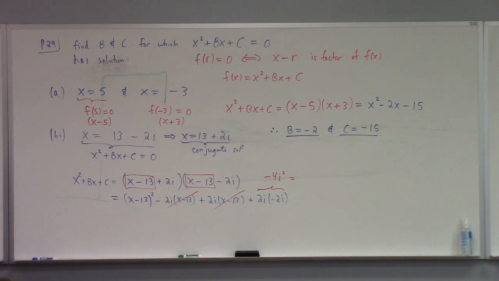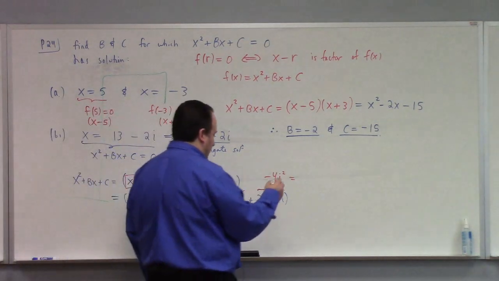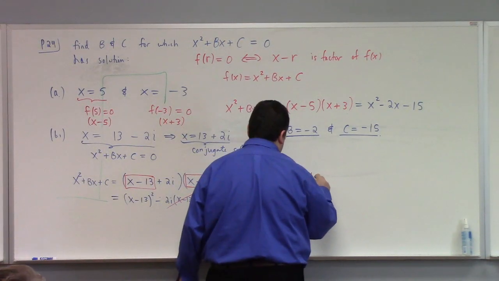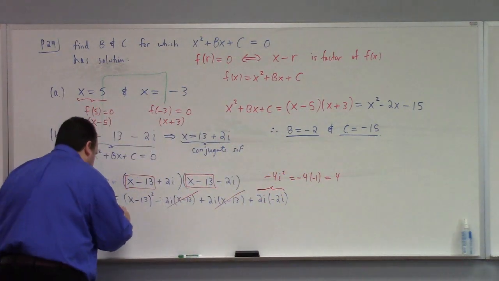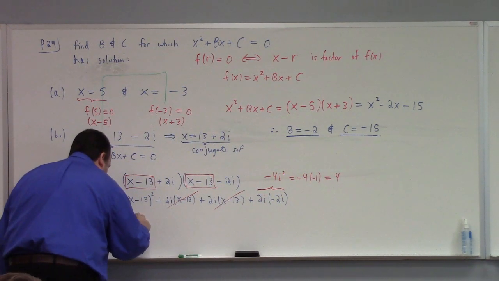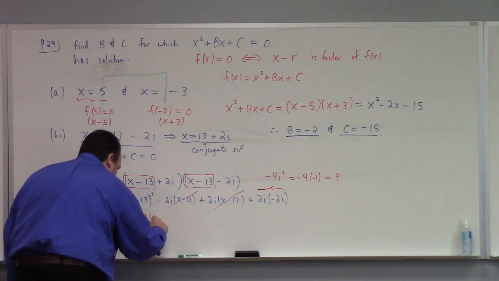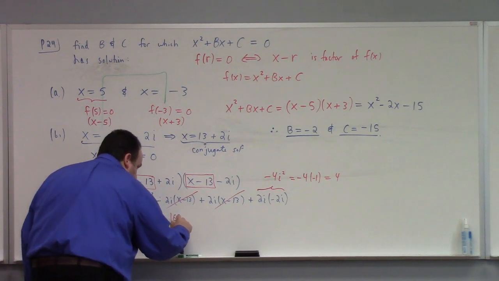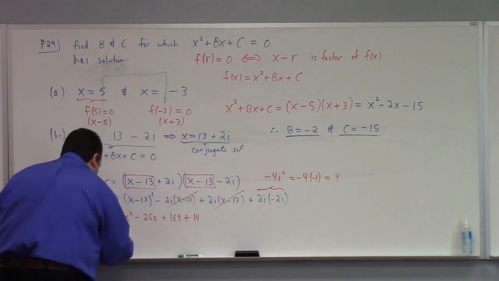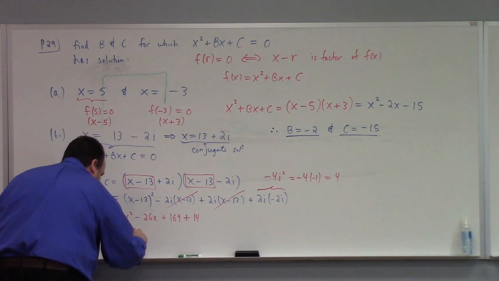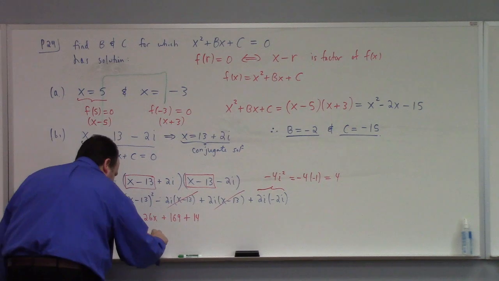So this actually works out, minus a minus, just 4. So this works out to x squared minus 26x plus 169 plus 4. 13 squared is 169. So cleaning this up, I think the one I gave you in your homework is not this ugly, is it?